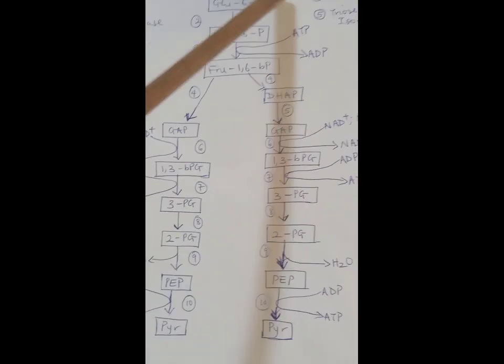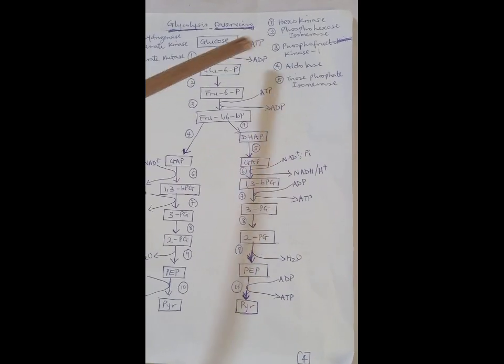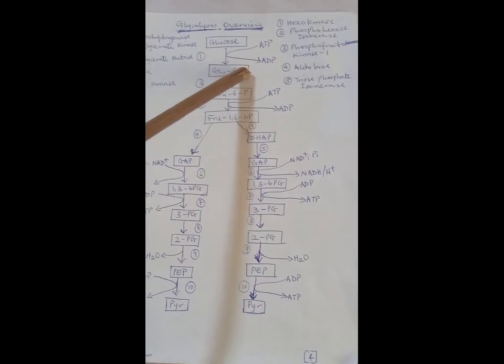Your first reaction, in the first step, is catalyzed by hexokinase. Hexokinase is a kinase that uses the inorganic phosphate given up from adenosine triphosphate, and it attaches that inorganic phosphate to glucose, giving glucose 6 phosphate. So ATP is used up at this point. That enzyme is hexokinase.